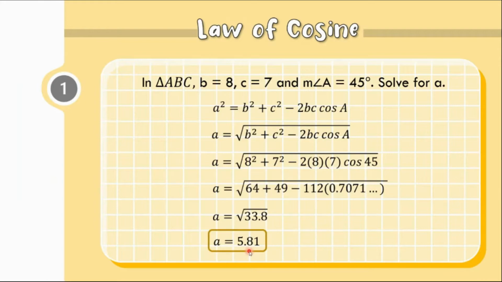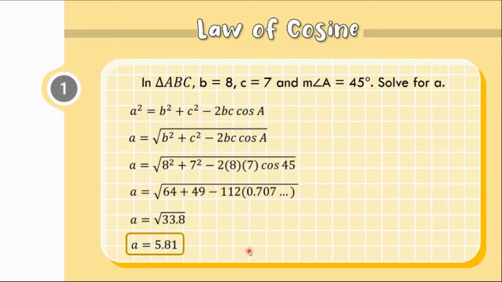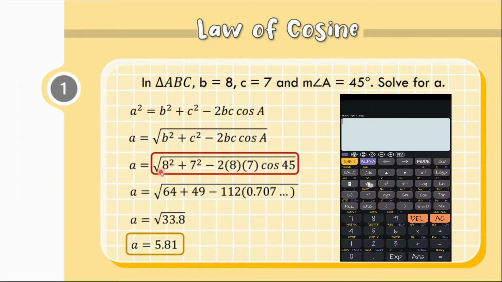Now, what if you are asked to use a scientific calculator? In a scientific calculator, you may have this expression. Press square root and then the radicals here, which is 8 squared plus 7 squared minus 2 times 8 times 7 cosine 45.